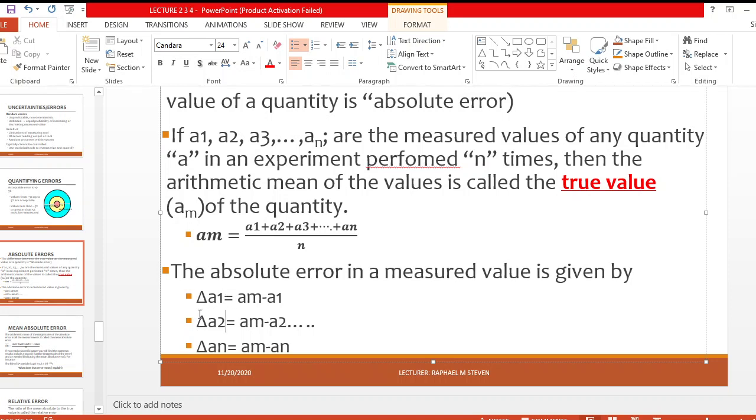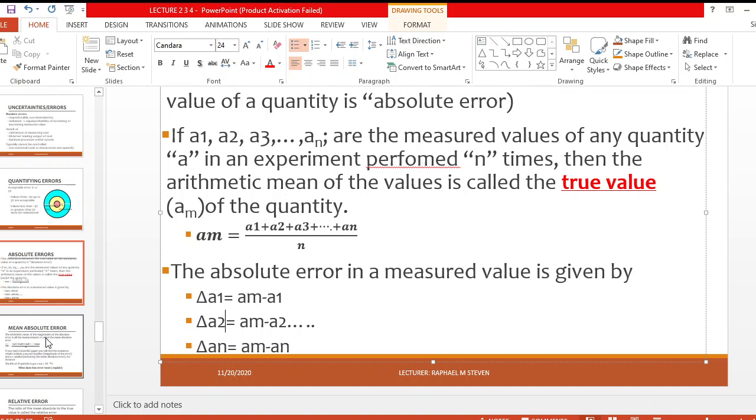For example, the absolute error in A1 is the true value minus that particular measurement which you have taken, which is A1. And for A2, the absolute error will be the true value minus the measurement A2. And similarly for AN up to the end. So these are the absolute errors.